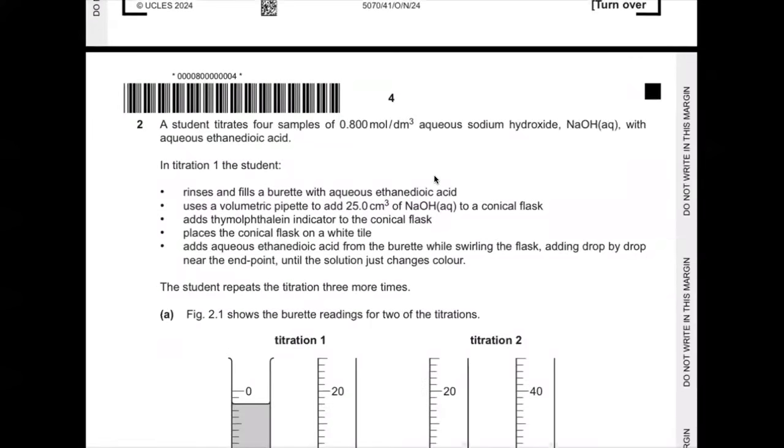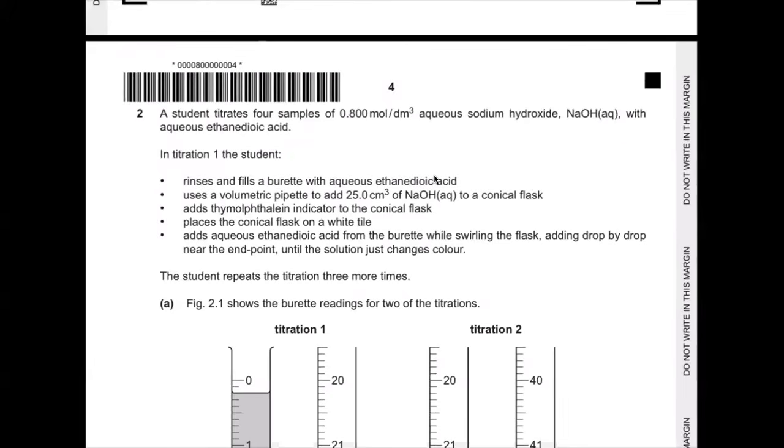The current stops flowing. As the current stops flowing, the light goes off. Is this clear? Yes, is it clear to all of you? Okay. Now, question number 2.